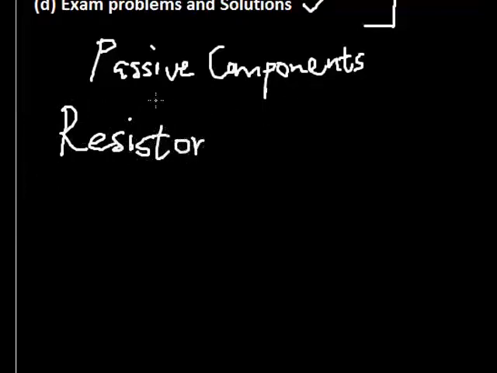A passive component does not change the current and does not magnify the current. It either suppresses the current or allows it to pass through. But there are components known as active components that take a little current and magnify it. But that is just by the way.